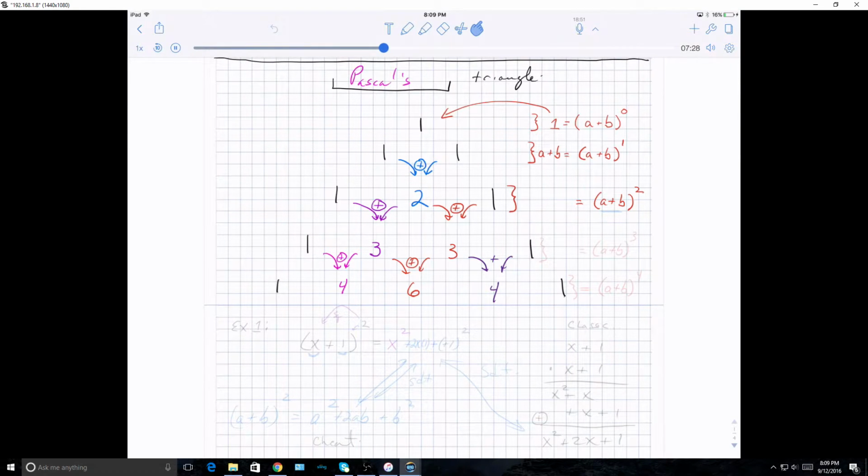Let's not do this one just yet. Okay? We'll do that one in a second. So this one represents the sum of 2 things all cubed, and this one obviously represents the sum of 2 things to the 4th power.